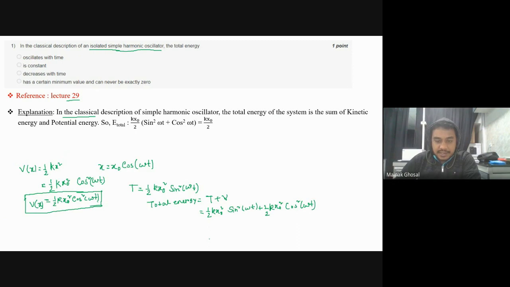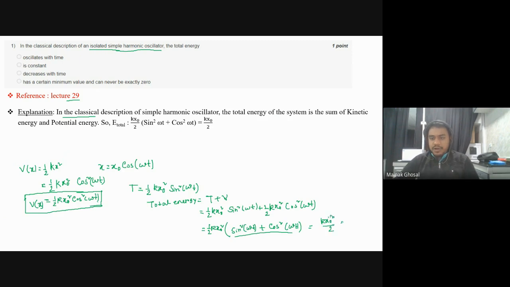If I take half k x0 squared common, there is sine squared omega t plus cos squared omega t. From trigonometry, sine squared omega t plus cos squared omega t gives you 1. So the total energy will be k x0 squared by 2.